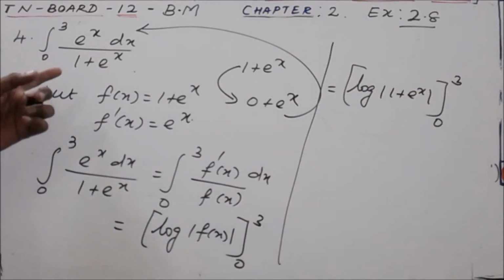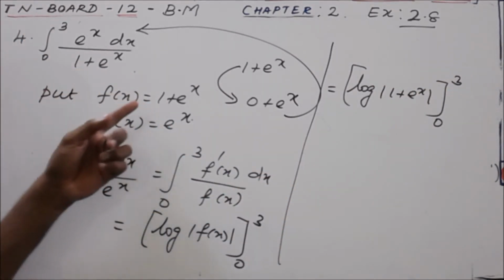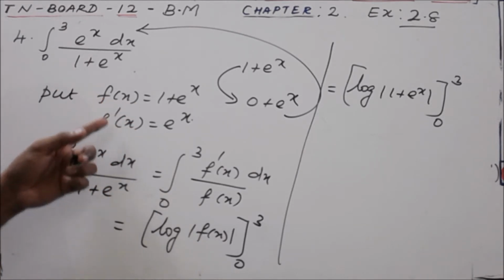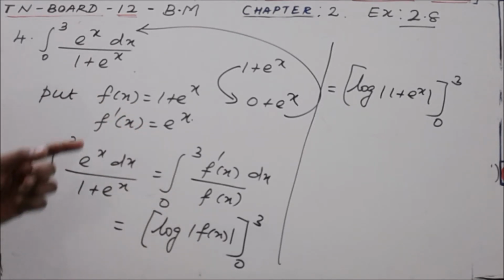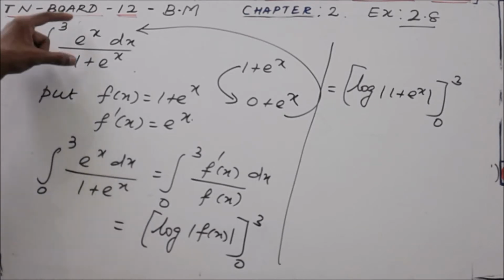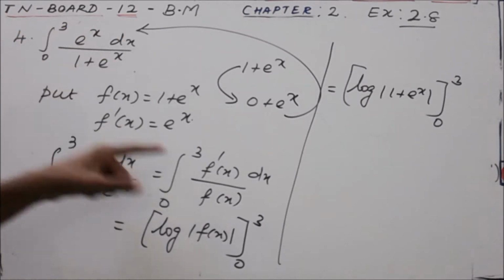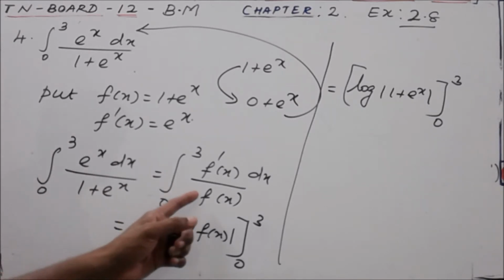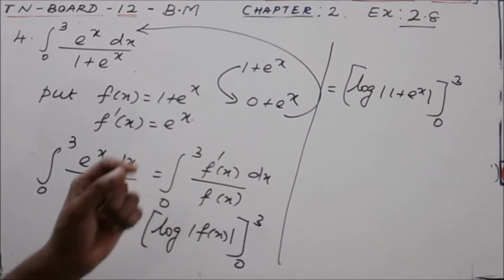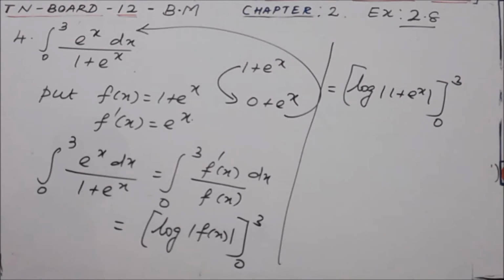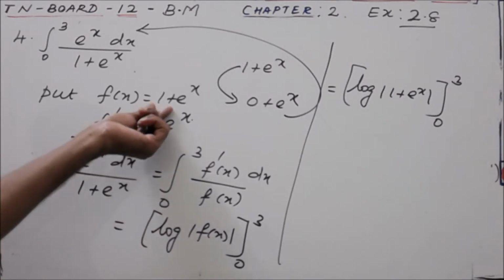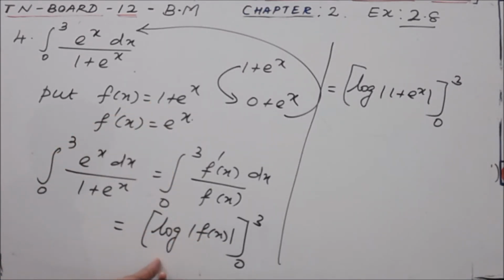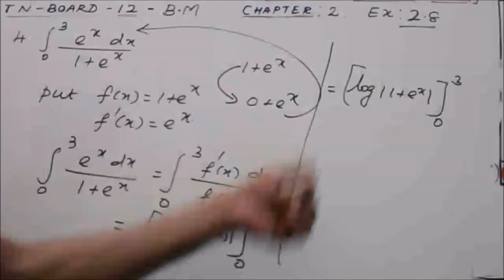Listen here, I have taken the denominator as f of x, found its derivative f dash of x, and then substituting in the function, numerator is f dash of x, denominator is f of x. We can go with the formula log of modulus of f of x. Now substitute inside f of x as 1 plus e power x. Now log of 1 plus e power x, 0 to 3.